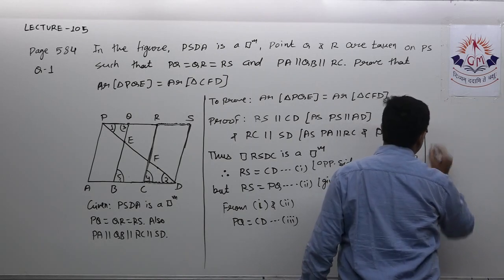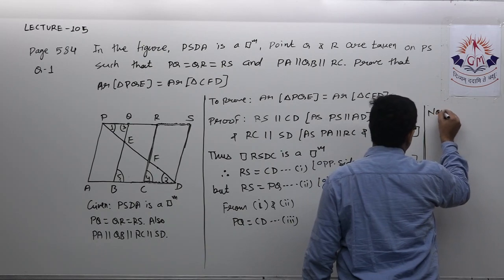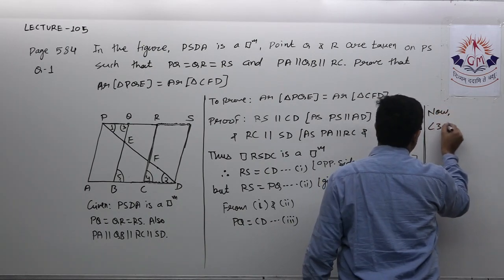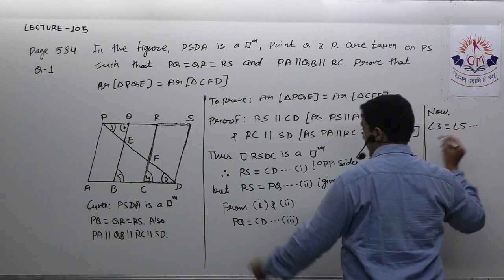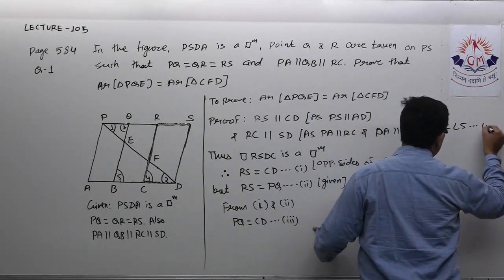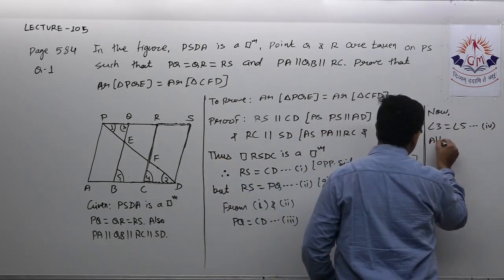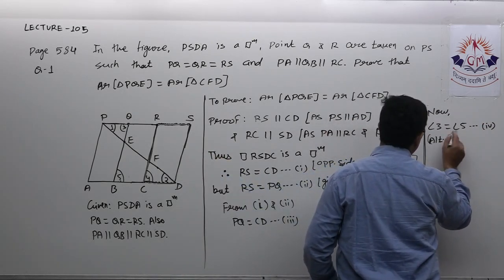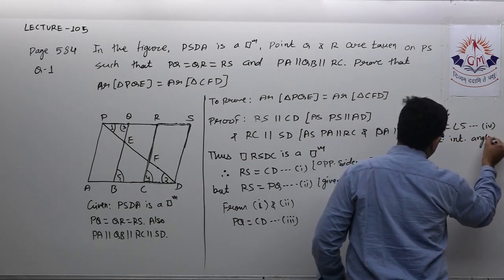Now angle 3 is equal to angle 5. Let it be equation number 4. Why 3 equal to 5? Alternate interior angles.